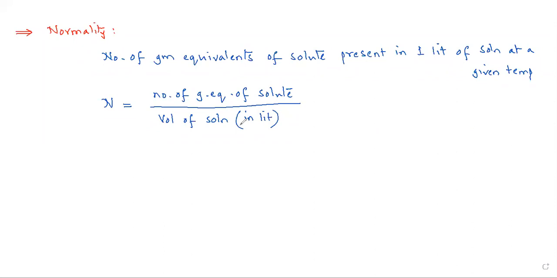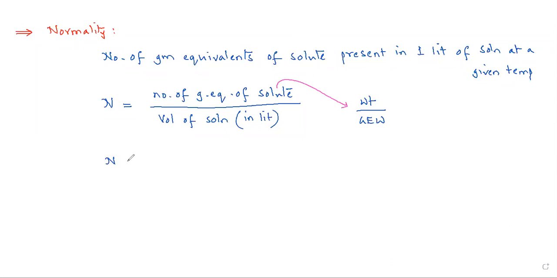Now, what is number of gram equivalents of the solute? How do we calculate that? So this is nothing but weight by gram equivalent weight, right?